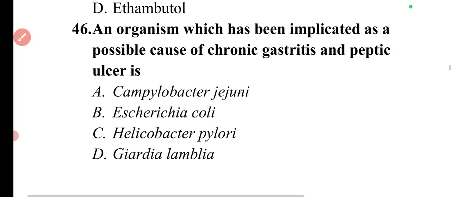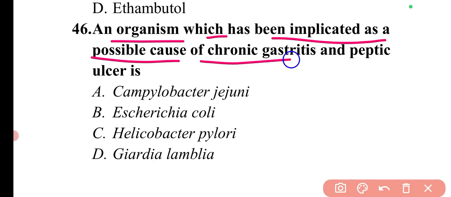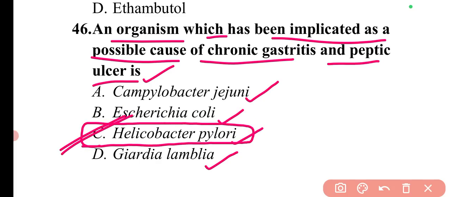Next question is, an organism which has been implicated as a possible cause of chronic gastritis and peptic ulcer is, options are Campylobacter jejuni, Escherichia coli, Helicobacter pylori, Giardia lamblia. The correct answer is option number C, Helicobacter pylori.